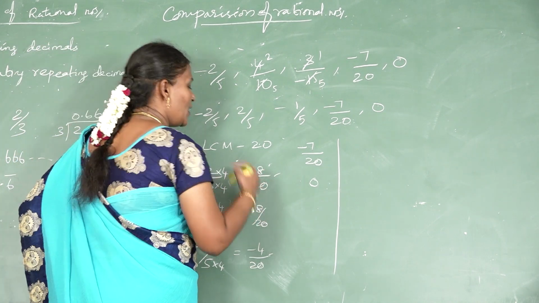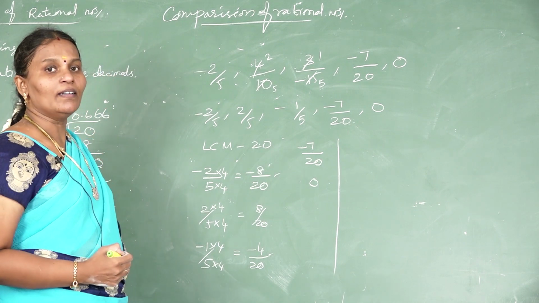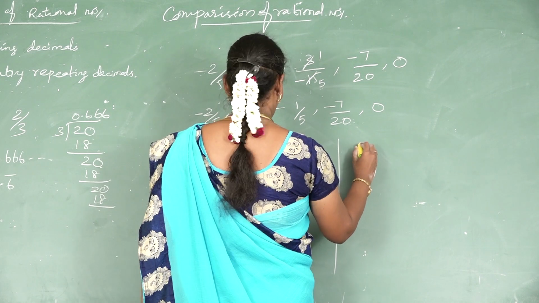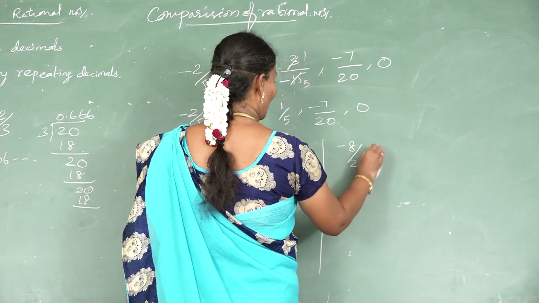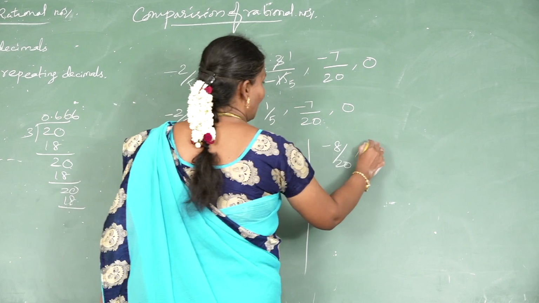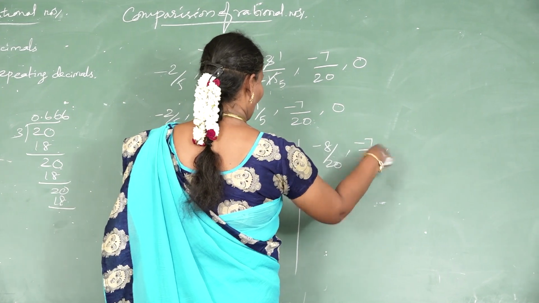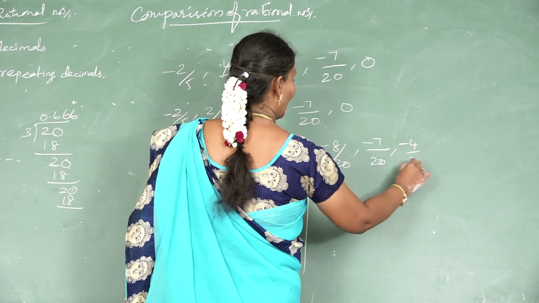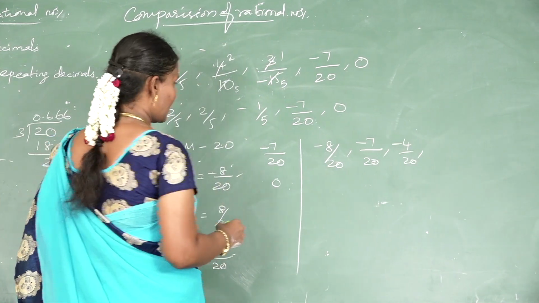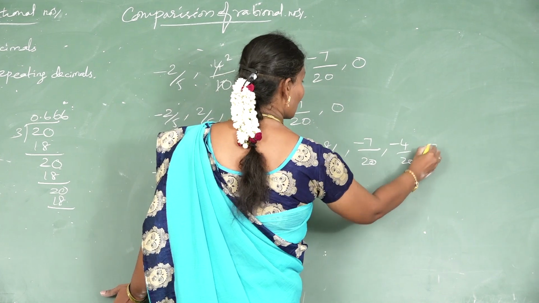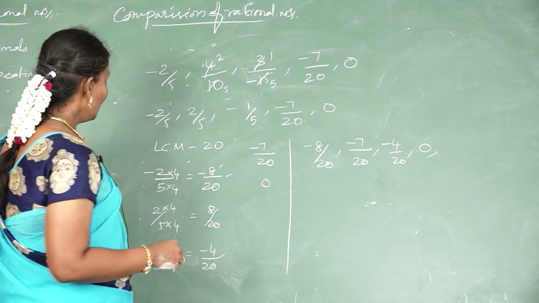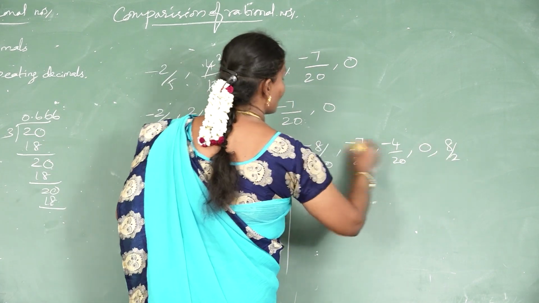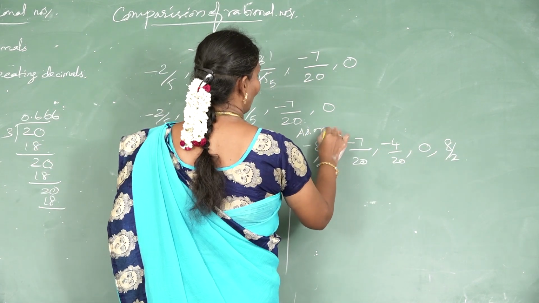Minus 8 by 20 is the smallest number. So the ascending order: the first number is minus 8 by 20, then minus 7 by 20, then minus 4 by 20. What is next? 0. Then the positive, 8 by 20. This is the ascending order.